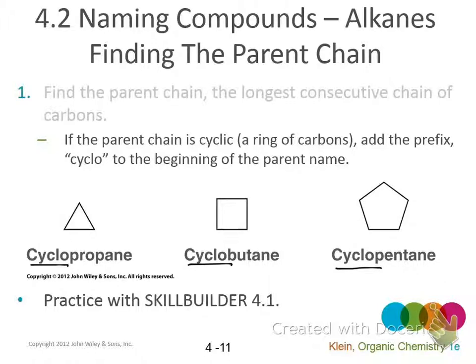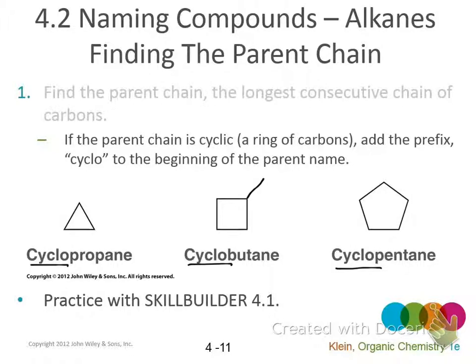All right. Let me change that. I'm going to put a group there. Okay. What carbon is it attached to? 1. Because in a ring, as soon as you put a substituent on it, that's the first carbon in the parent chain. Right? Think about it.